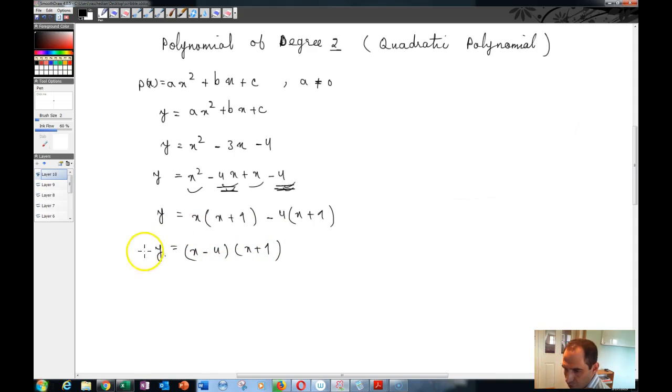And now if you want to know where the zeros are, you have to set this equal to 0.